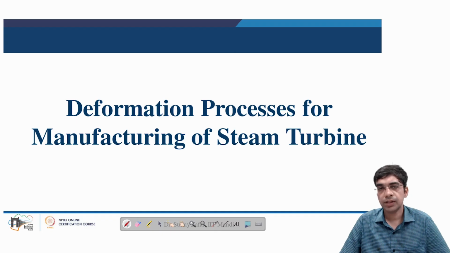After the investment casting, many a times there may be some inclusion, microporosity, or some sort of micro voids present in the structure of the turbine which is cast. In order to remove such defects, it is very essential to do the deformation, because in deformation based processes the refining of the microstructure takes place.